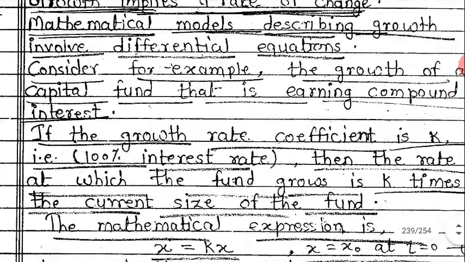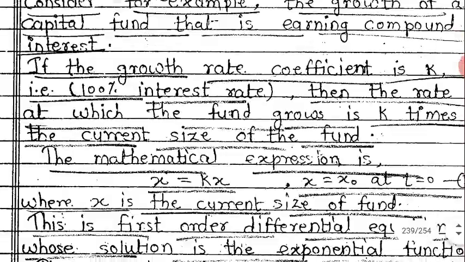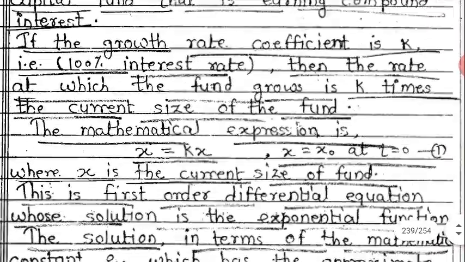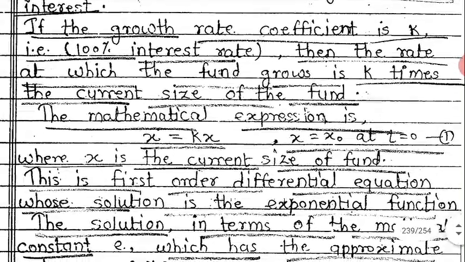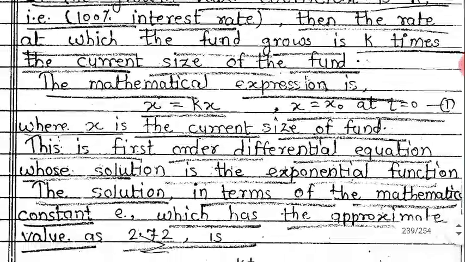For example, consider a capital fund that is earning compound interest. Consider k as the coefficient, having a 100% interest rate, so the rate at which the fund grows is k times the current size of the fund.